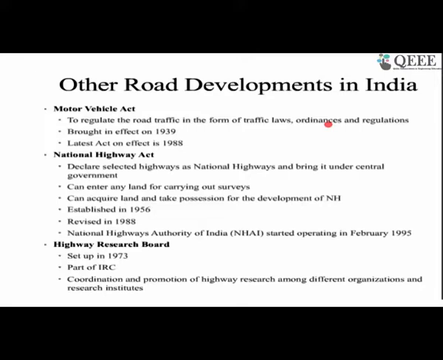If you look into the motorized vehicle, a Motor Vehicle Act came up to regulate road traffic, what should be the traffic law, how it should be maintained, and how we can discipline the traffic. All these things came up, the first time was in 1939, and later some improvements happened, and the latest act which is in effect is 1988.